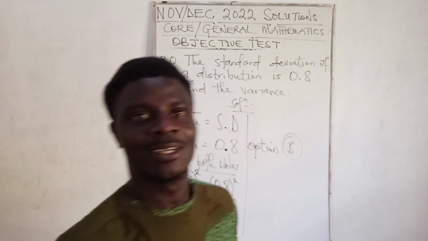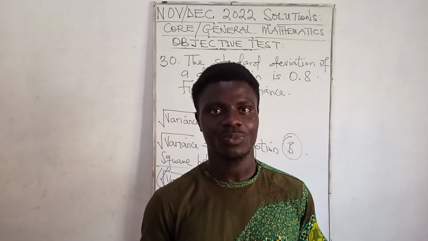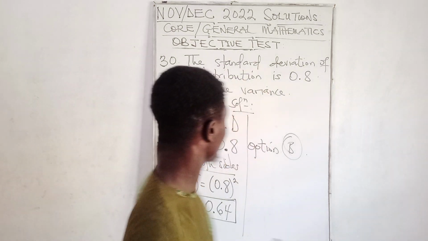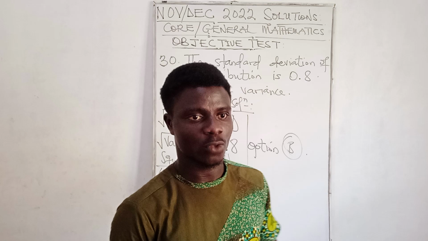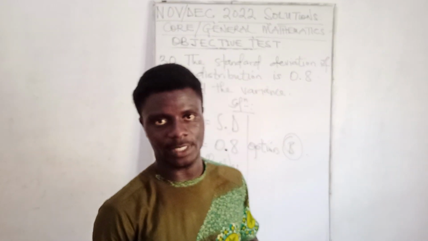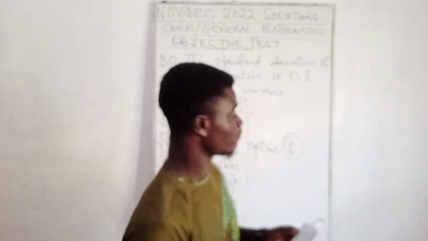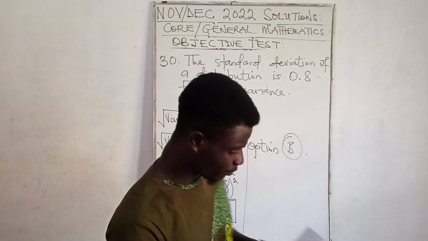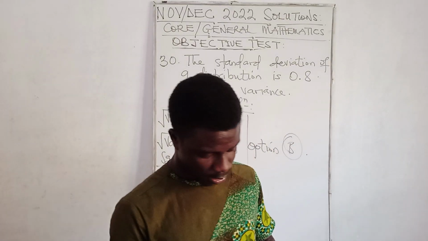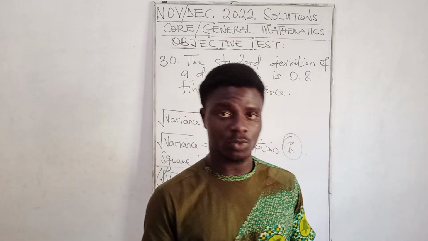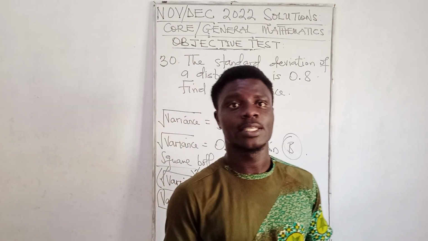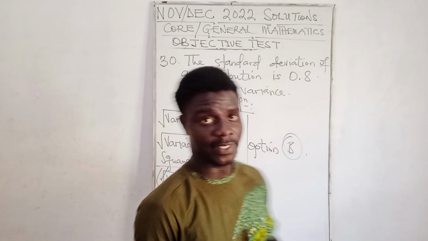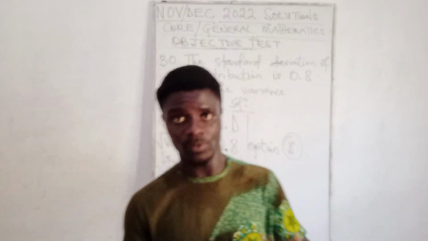All right, we are done with our 30th question, our last five questions: 26, 27, 28, 29, 30. We started from question 26 to question 30, and we are done.